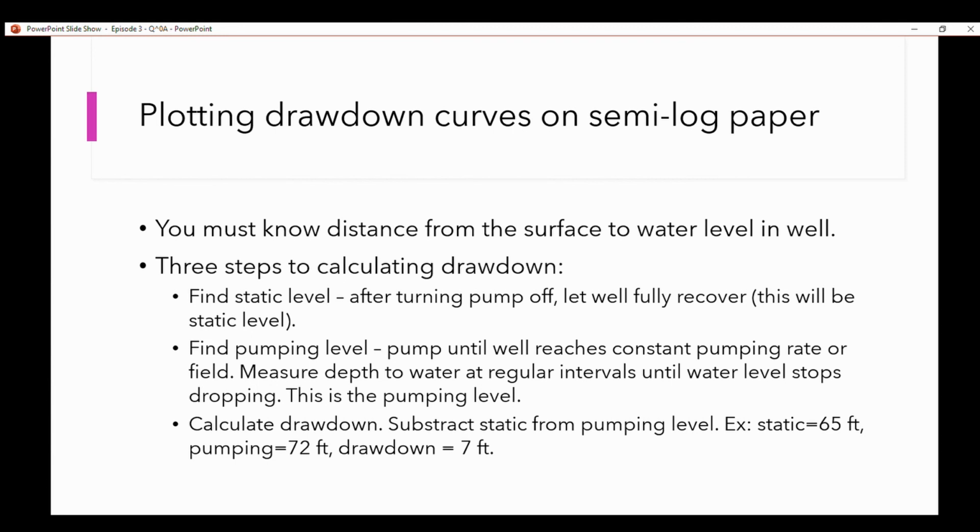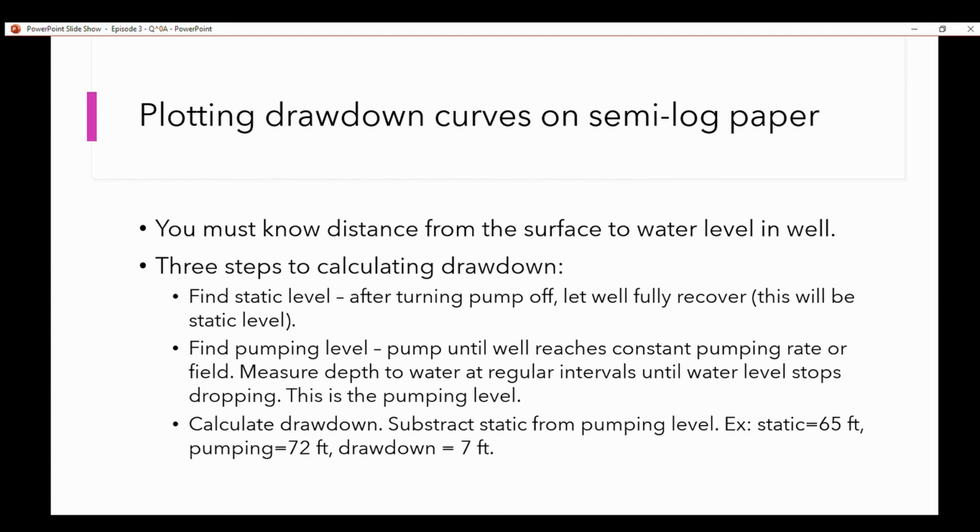To find the pumping level, pump until the well reaches a constant pumping rate. Measure the depth to water at regular intervals until the water level stops dropping, and that's your pumping level. To calculate drawdown, you just subtract static from pumping level. So say your static is 65 feet and pumping is 72, your drawdown is 7 feet.